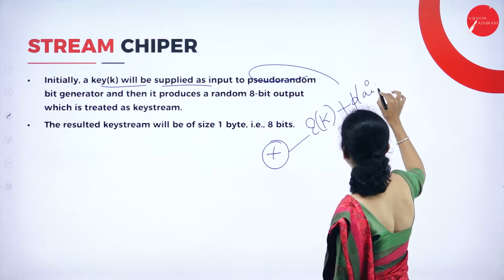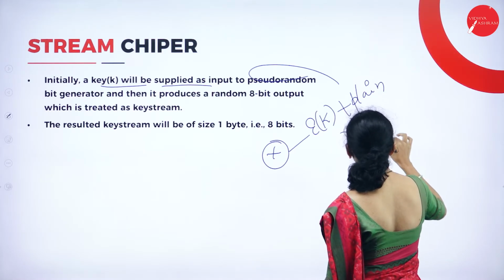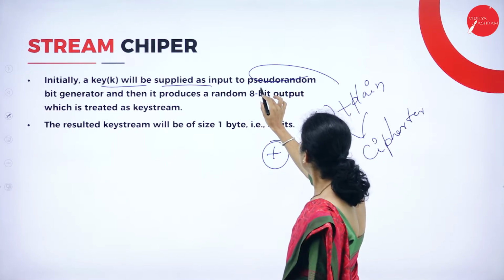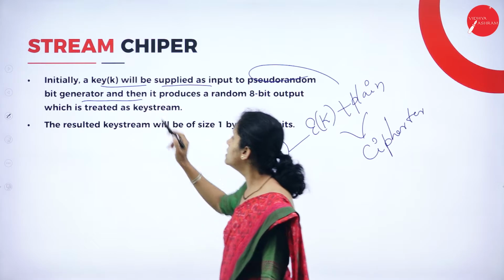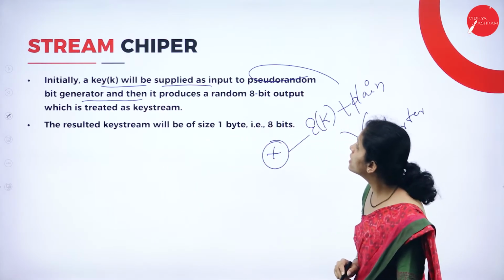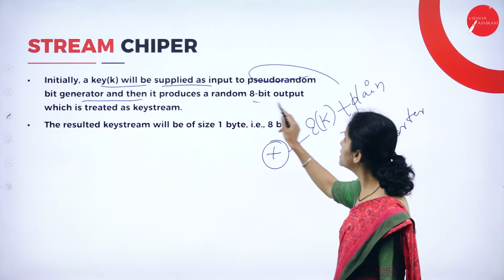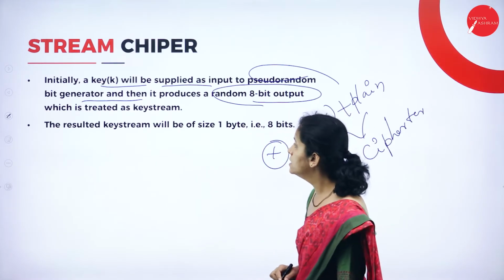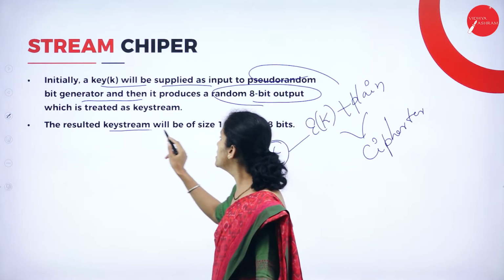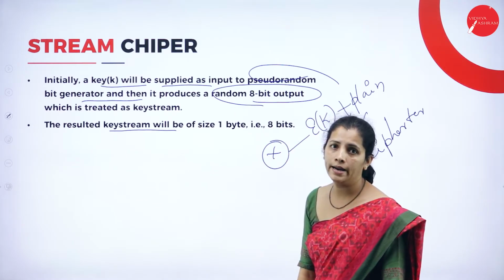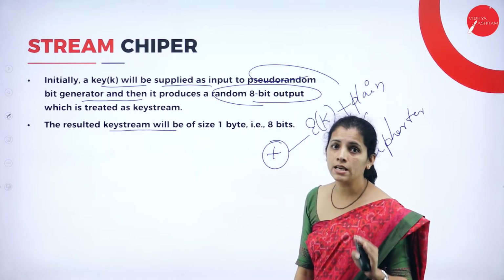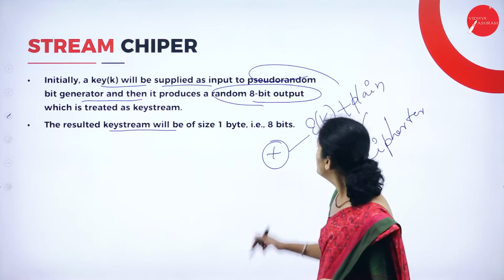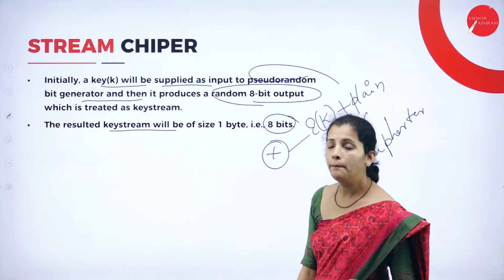After that, we get the ciphertext. So the pseudo random bit generator produces a random 8-bit output. What is this random 8-bit output? That is nothing but the ciphertext. So the resulting key stream will be the size of 1 byte. If I consider stream cipher, we can have only 1 byte, that is nothing but 8 bits.